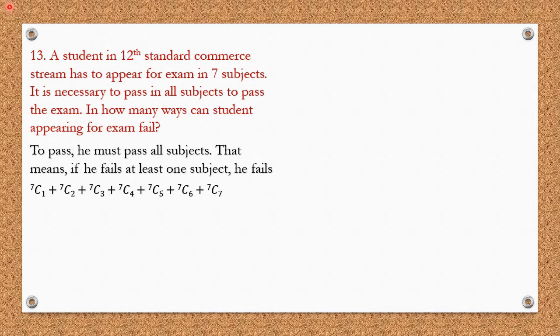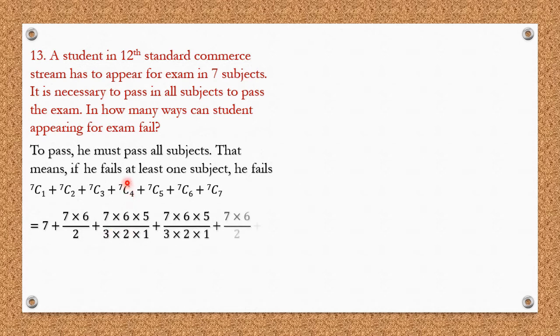We just need to add all of these values. Now once again 7C1 is 7, 7C2 is 7 into 6 upon 2, 7C3 is 765 upon 321. Now 7C4 and 7C3 are similar according to our standard format. Similarly 7C5 and 7C2 are similar. 7C6 is 7 and 7C7 is 1.